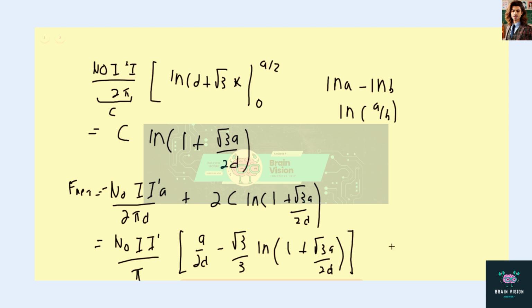So this whole thing is probably about the simplest looking you can get it. Personally, I don't think there's really anything wrong with this answer up here. I don't think there's a whole lot of insight to be gained from writing it like this, but it does look a little prettier. So one of these two versions, or however you've managed to simplify it in the end. And so this whole thing, as we've written it, is in the y hat direction.